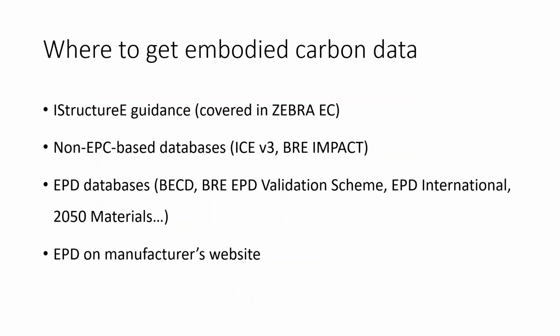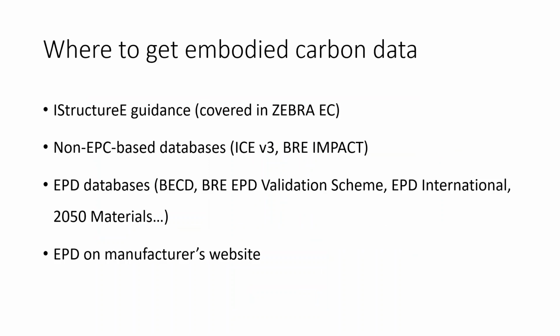For instance, there are some non-EPD based databases where you can directly get the carbon factors of a material in certain life cycle stages, for instance, the ICE database and BRE impact database. And there are other EPD databases, which are the more common ones, that allow you to search for EPDs of building materials.